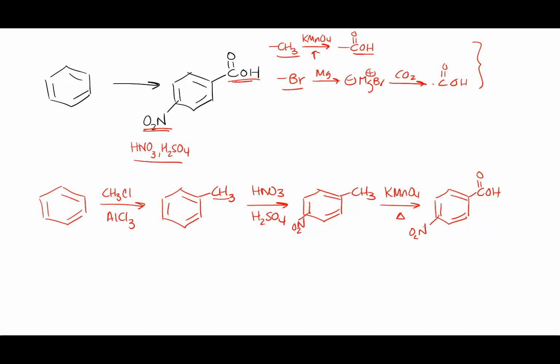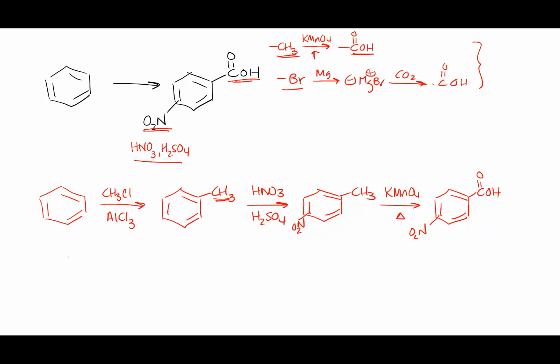So if we take a step back and think about what we just did: if we have a group like a carboxylic acid that is directing to the wrong position, we might have to put the second group on with the methyl group being present, and then in the second step, convert the methyl group to the carboxylic acid. So sequencing is important here.